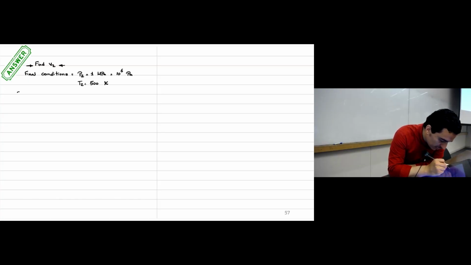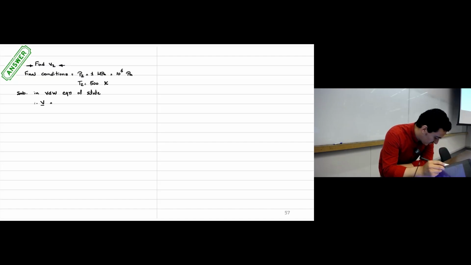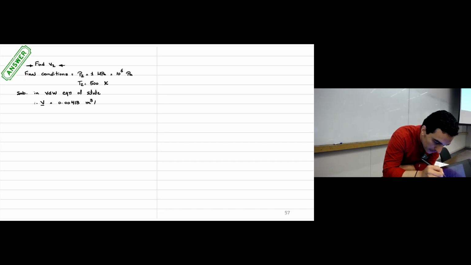Again, we substitute in the van der Waals equation of state, and the molar volume will be 0.00413 meter cube per mole.